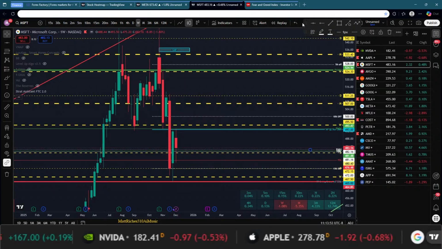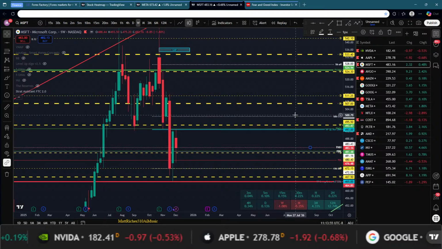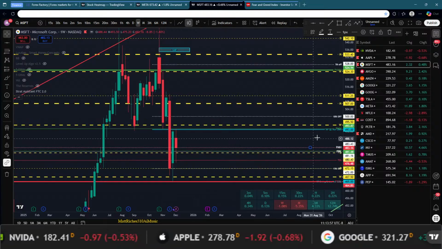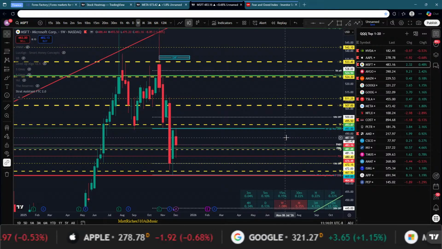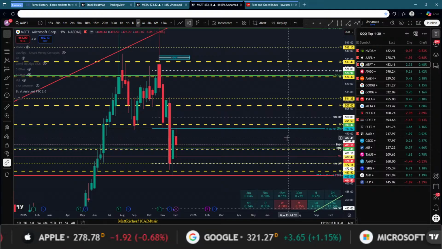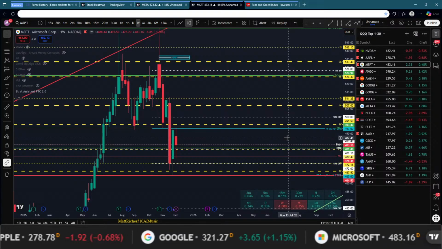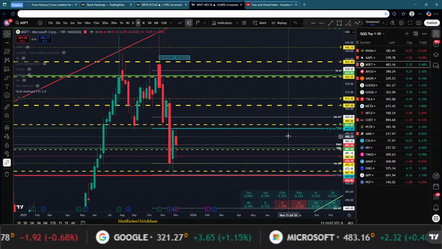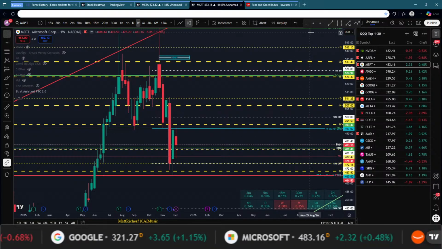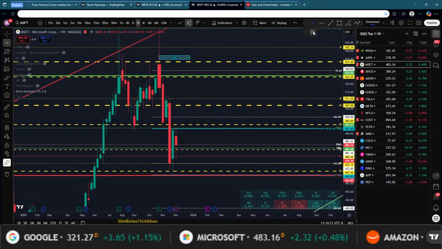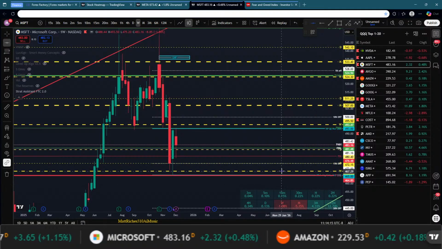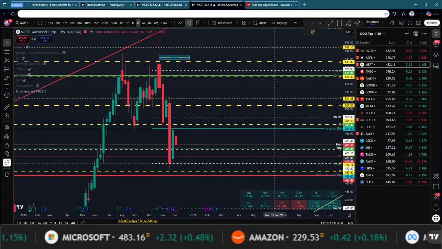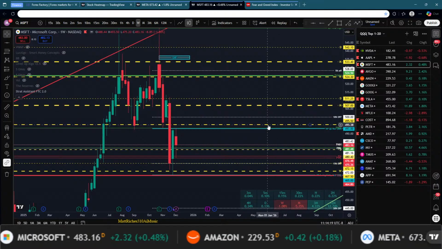Oh, just like with Apple, my previous week low level last week was the same as the previous month low level, so I deleted it. But now that another weekly candle has been closed, I can bring back the previous week low level and put it on the chart.